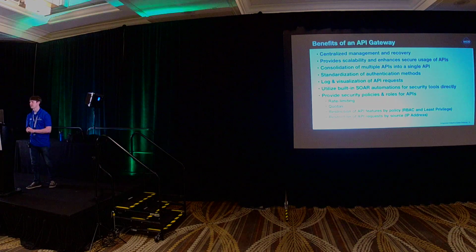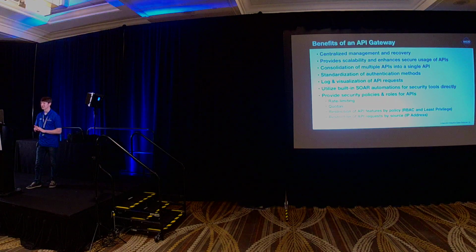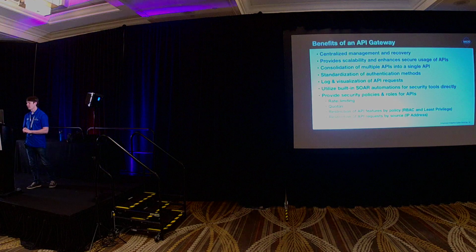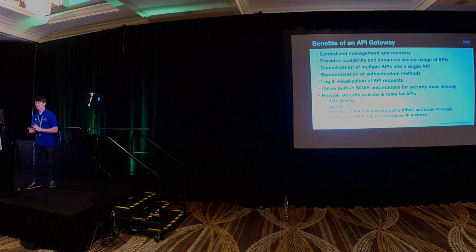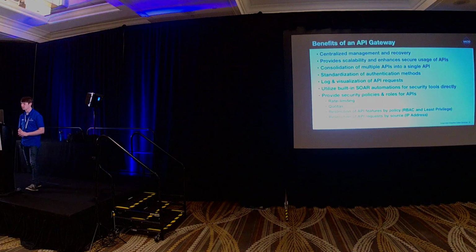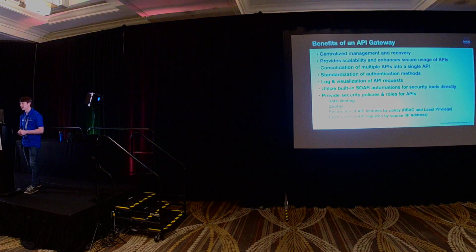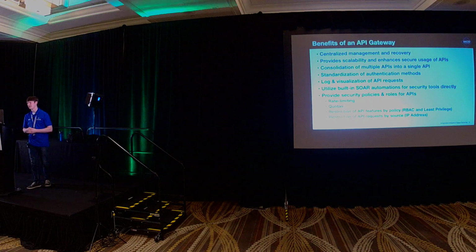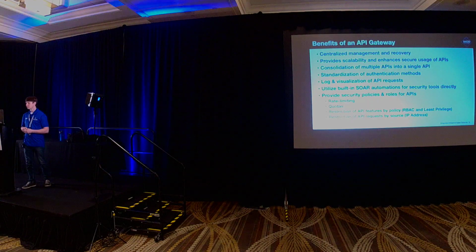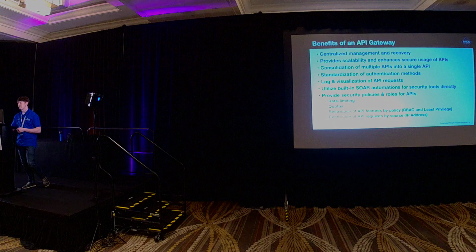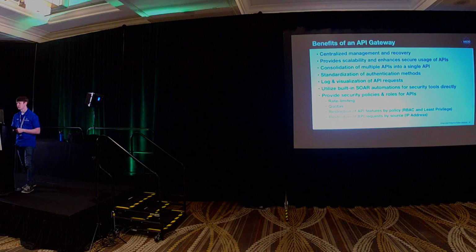You can restrict down your APIs to least privilege. So not all APIs give you that level of configuration for permissions. And then you can restrict the use of the APIs based on different IP addresses or subnets.